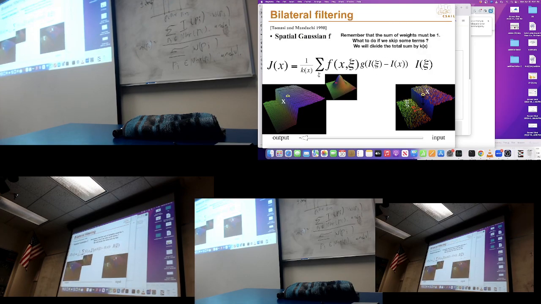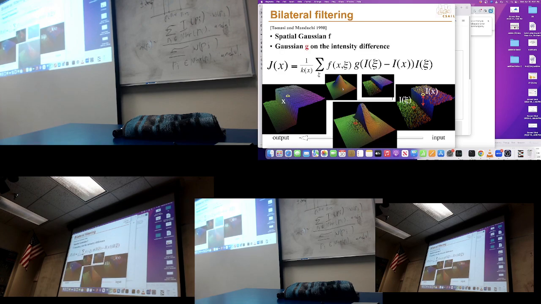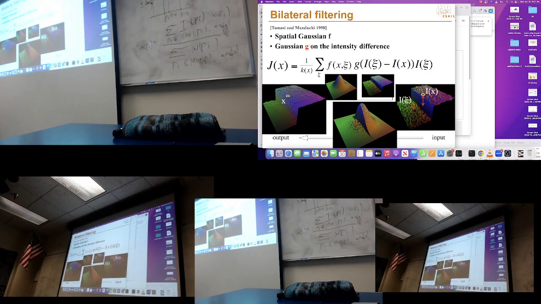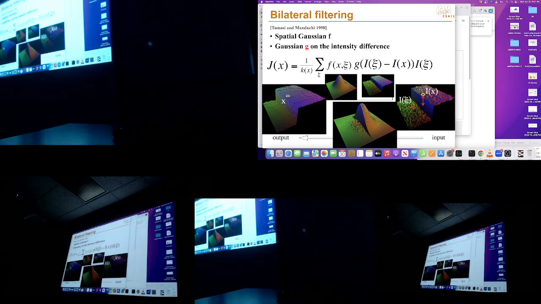So what does it look like? Here is again the tree and the sky. Start from the original, and they just do the normal Gaussian, that's f of x k, the Gaussian averaged. But now I'm adding to it another Gaussian that says, the difference of intensity is large.